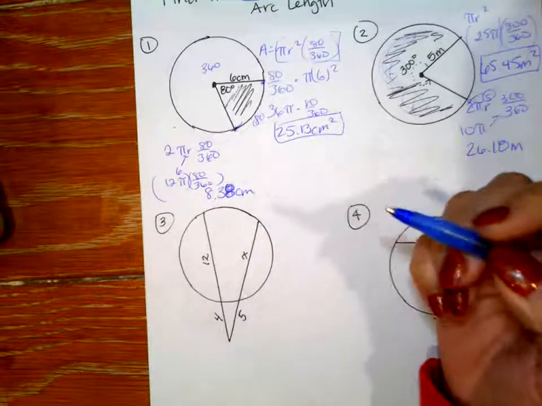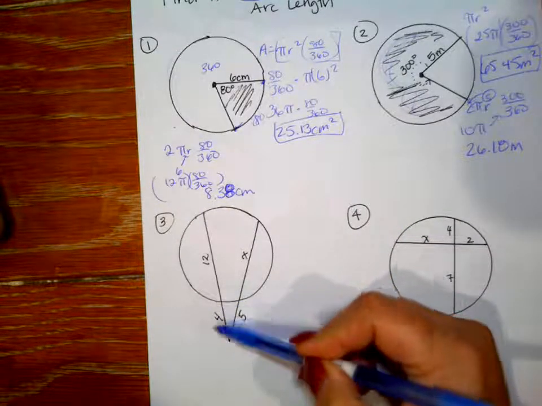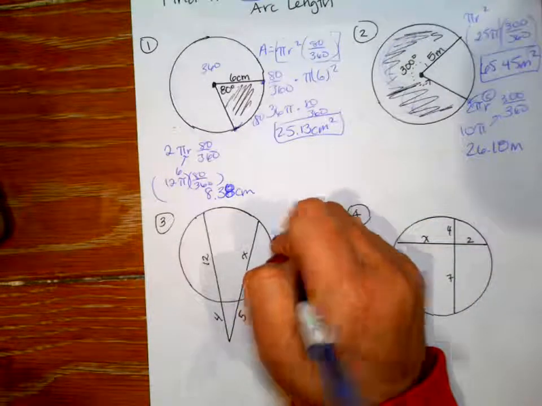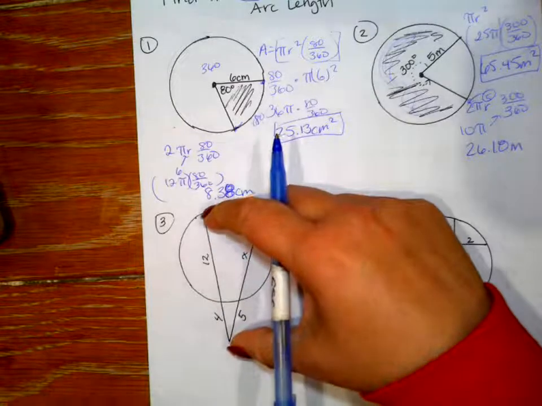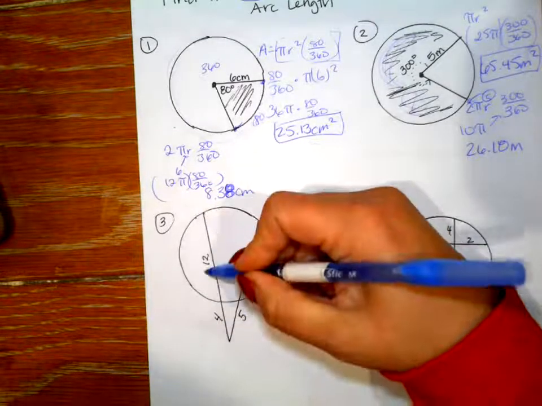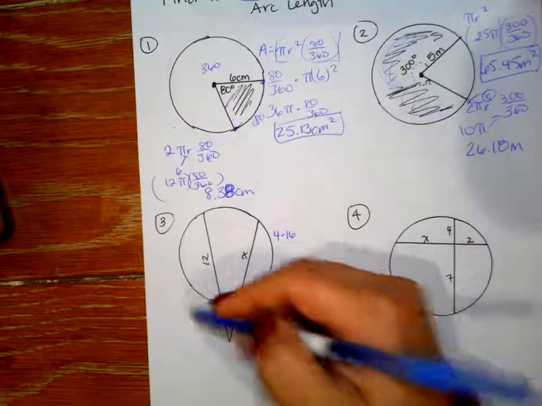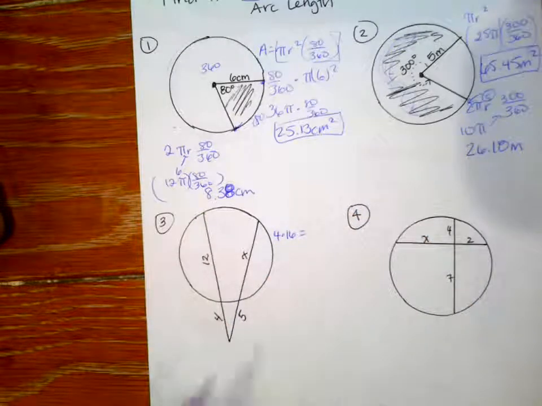And what I'm going to do is multiply the outside by the whole. So the outside piece is 4 times the whole piece, which is 4 plus 12, that's 16. So multiply the outside by the whole, and I'm going to set that equal to the same thing on this side.